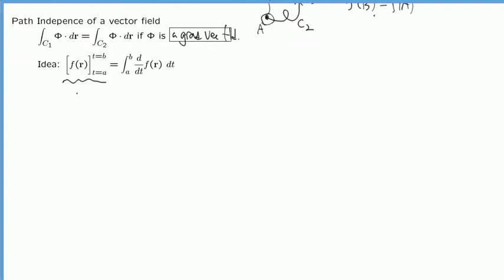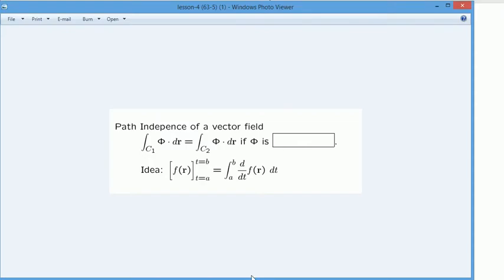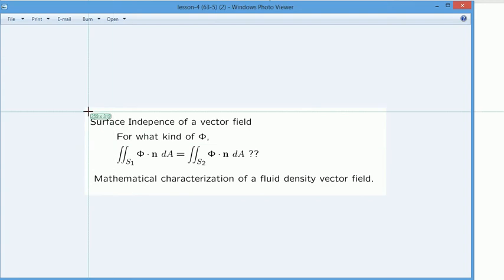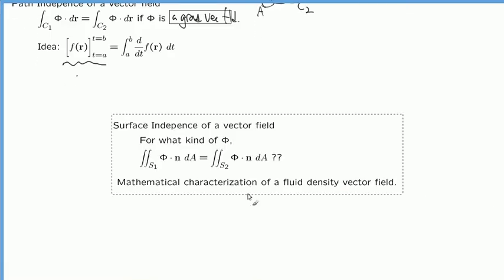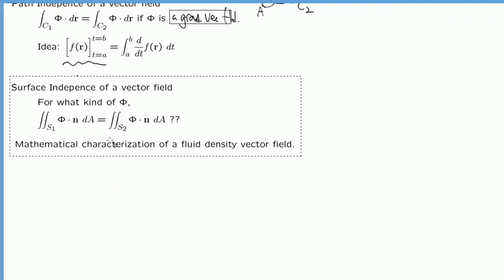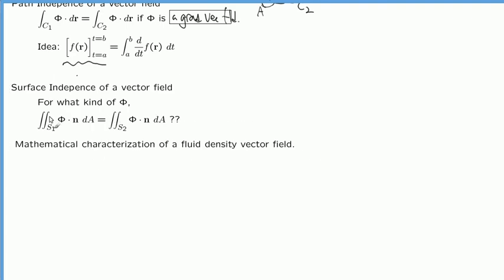Let's seek path independence of a surface integral. Okay? Not path independence, so I made up this word, surface independence. They don't use this word, but I thought that's probably a perfect word to use. Surface independence of a vector field.